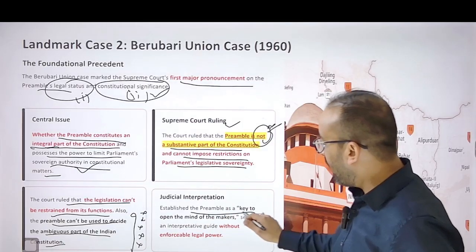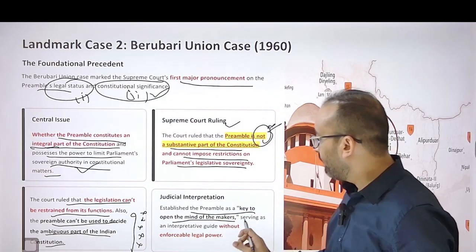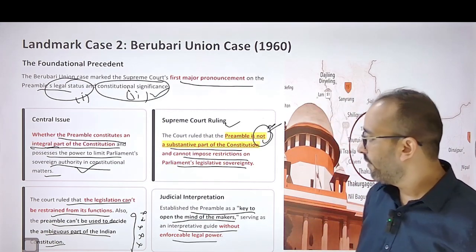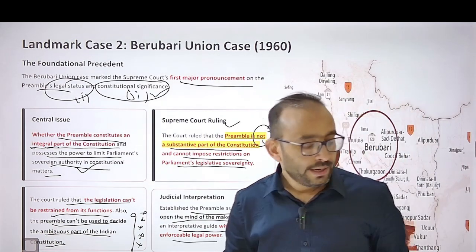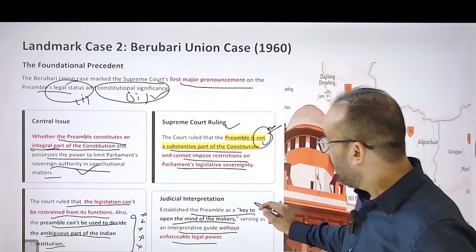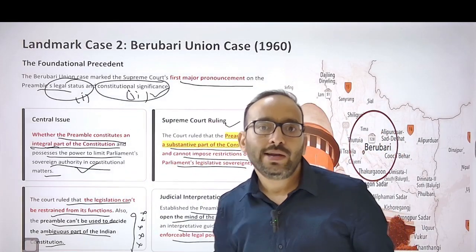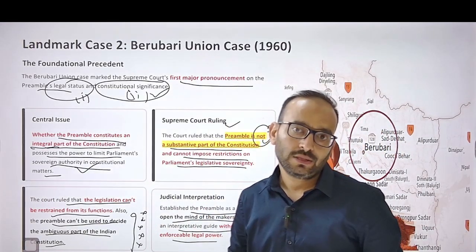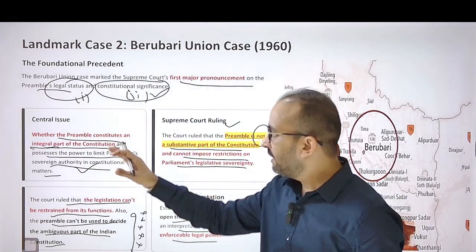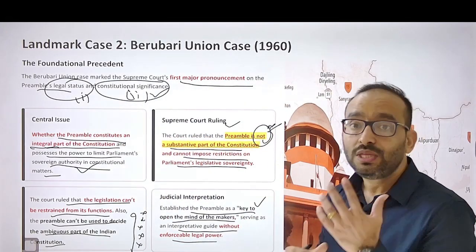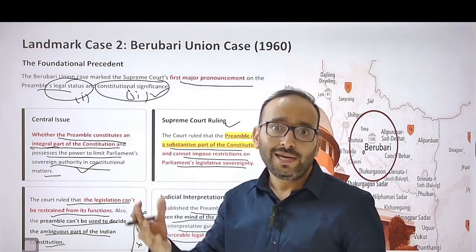So the preamble is a key to open the minds of the makers, an interpretation guide without enforceable legal power. The court interpreted that from the preamble we can look into what was going on in the minds of the constitution framers, what they aimed at when they inserted the words justice, social, economic, and political justice. What was their aim? What was their purpose? What did they intend to do?